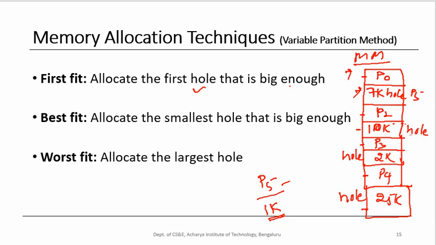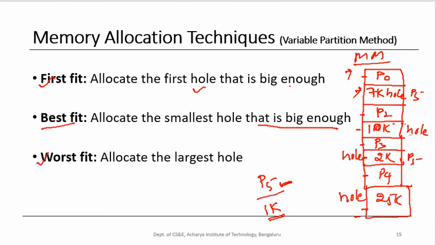Whereas in case of best fit, we look for a hole that is just big enough to fit P5. So we go till the end of the memory. This is the hole which is just big enough to accommodate P5. Therefore P5 is put here.